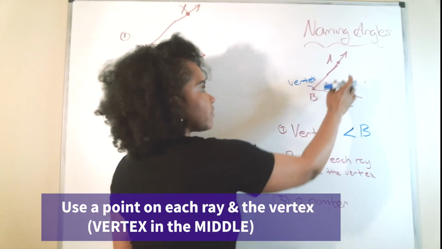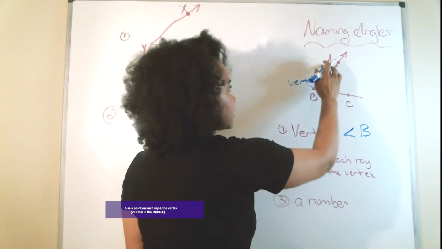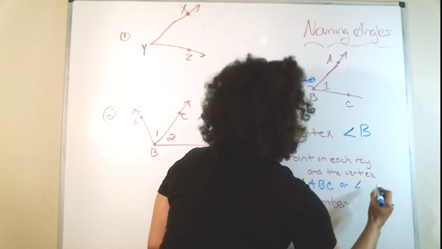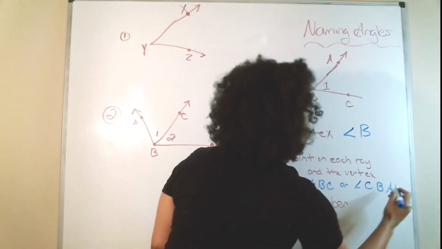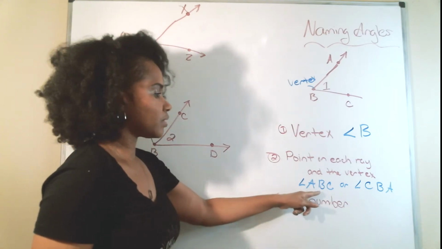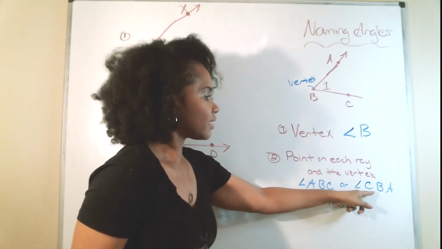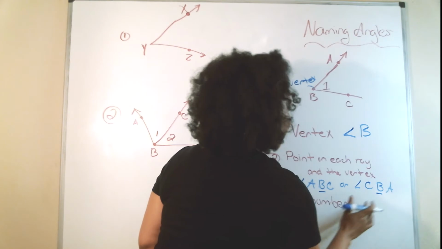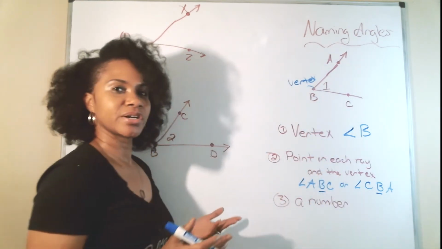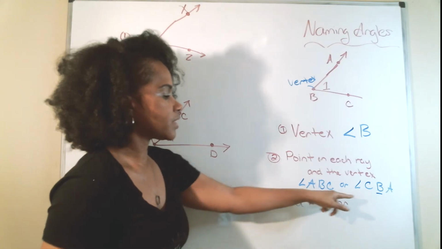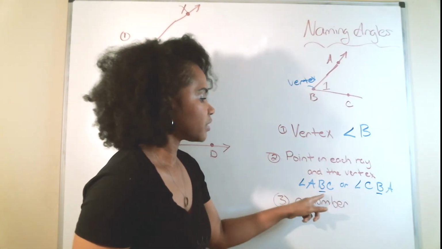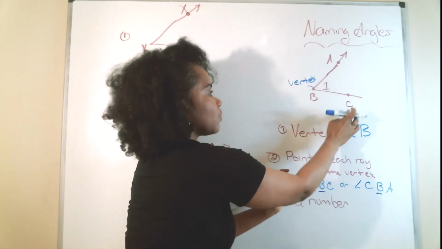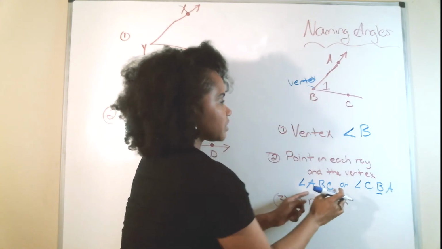We have these two rays here, and so we can name this angle angle A, B, C, or angle C, B, A. Notice the letter in the middle of both of these names is B. B is the vertex, and so when you're using three letters to name an angle, your vertex must be in the center. It doesn't matter which of the two letters you use first and last.